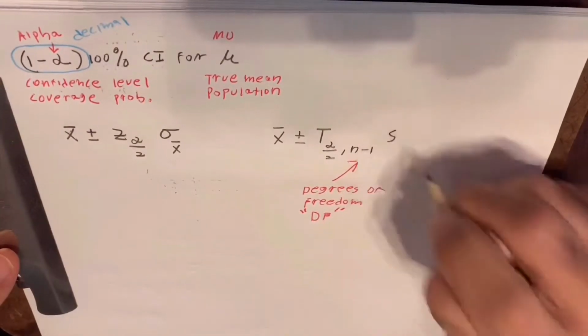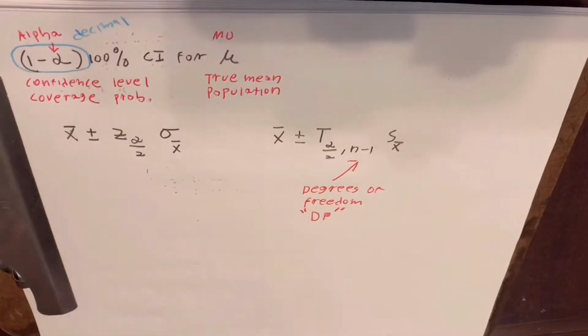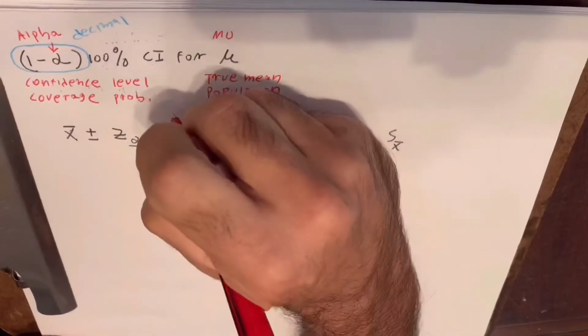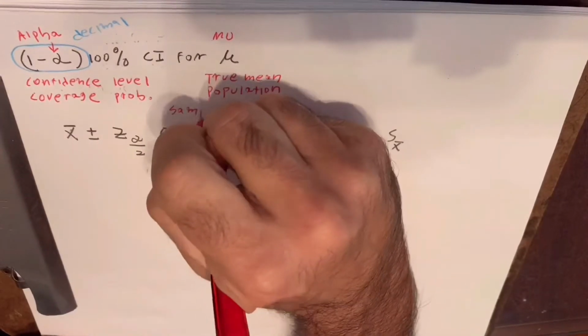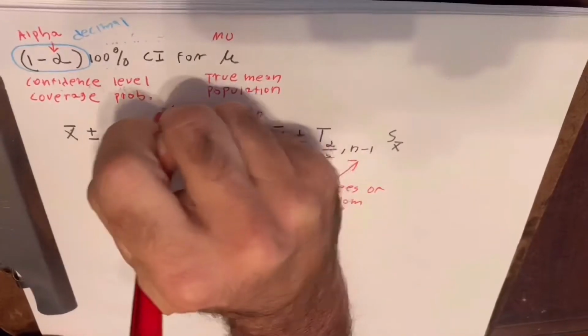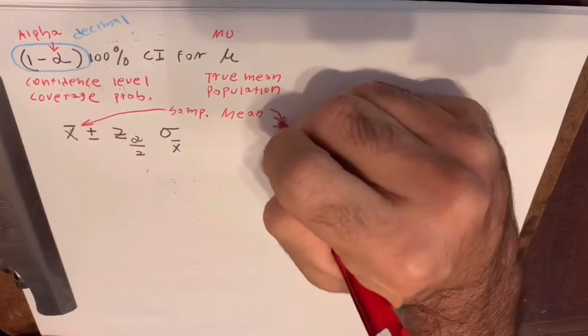Times s sub x bar, and this is a lowercase s. Now, you'll notice that the formula, in terms of the way it looks, is essentially the same. So this x bar is the sample mean, and you'll notice that this x bar is the same in both formulae.